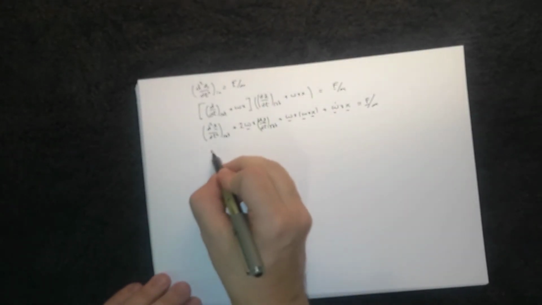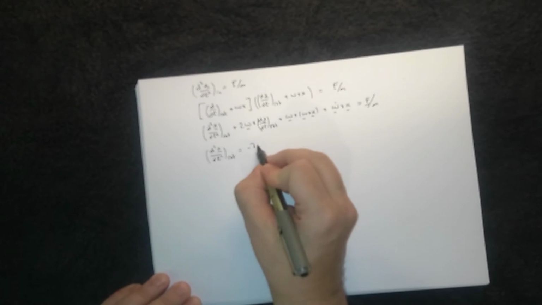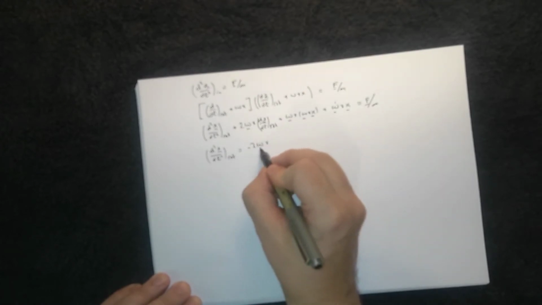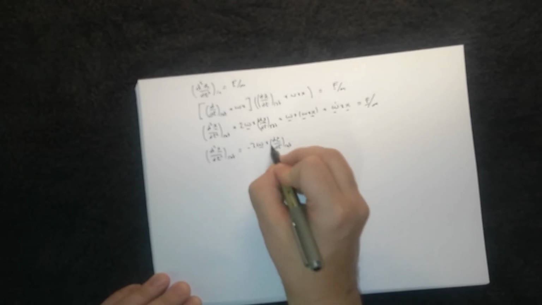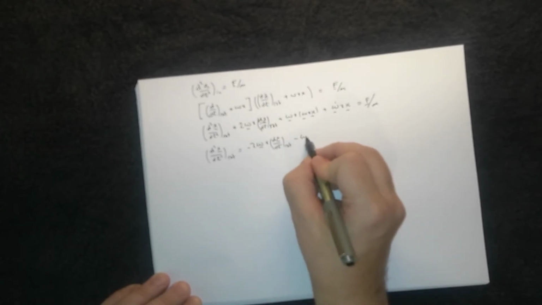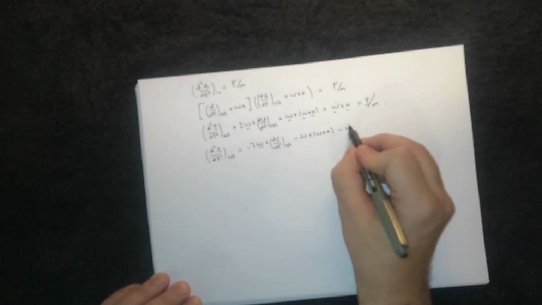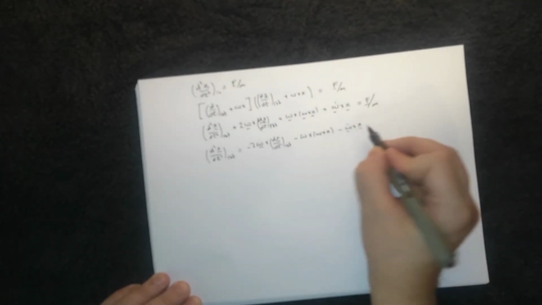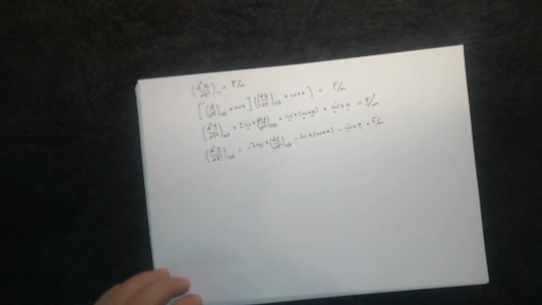Let's rearrange this. d²x/dt² in the rotating frame is minus 2 omega cross dx/dt in the rotating frame, minus omega cross (omega cross x), minus d omega/dt cross x, plus f over m.